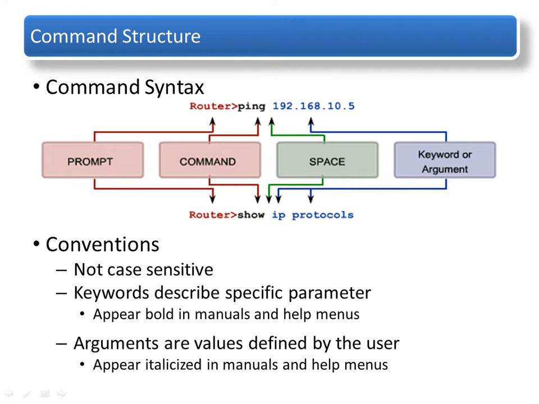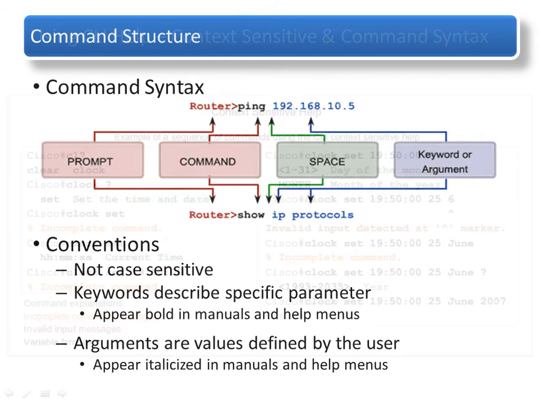An argument is not a predefined word. Like in this example, we have the command ping followed by an argument of 192.168.10.5. This argument could vary according to the network configuration. Usually bold-faced text indicates commands and keywords, and italicized text is used to indicate arguments.